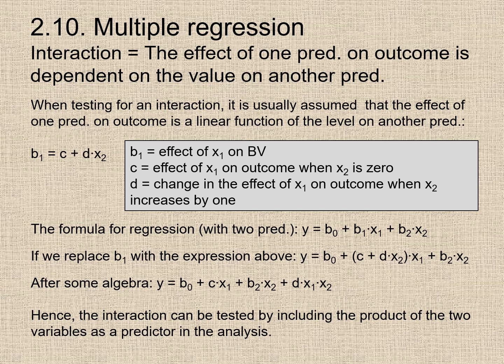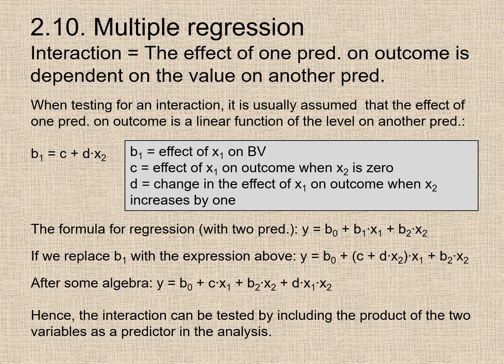Then we get that predicted life satisfaction is intercept plus a coefficient multiplied by value on therapy plus another coefficient multiplied by value on medication plus a third coefficient multiplied by value on therapy multiplied by value on medication. In this way, we have incorporated a linear interaction into the regression model.